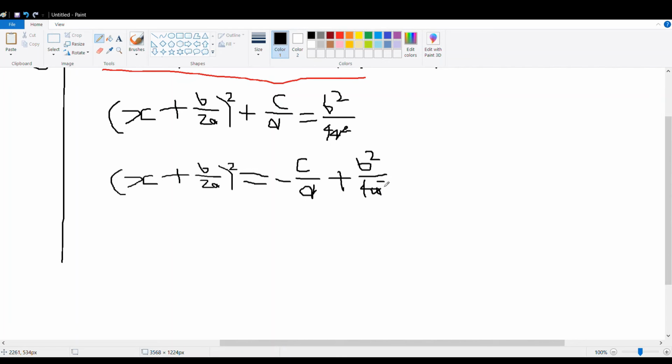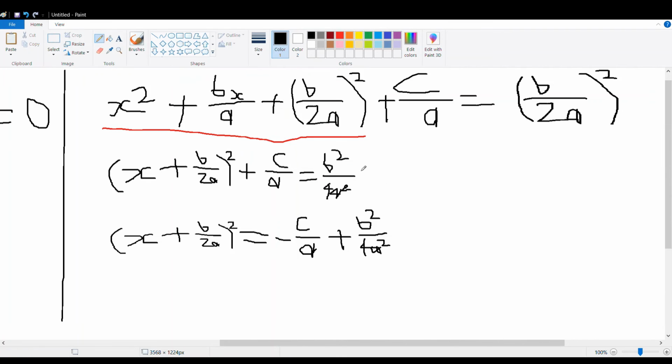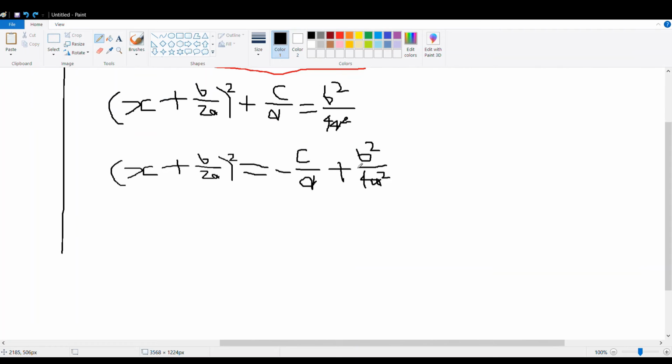Alright, and now we all know how to add fractions, you just make the denominators, I think the bottom ones, the same. So to do that, 4A times A is going to be 4A squared, so they would be the same.